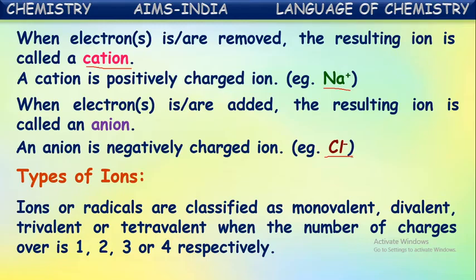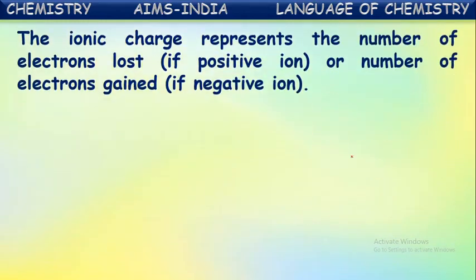Based on the number of electrons gained or lost, the type of ion formed will depend. Based on that, there are different kinds of ions: monovalent, divalent, trivalent, or tetravalent. Let us see about these one by one.